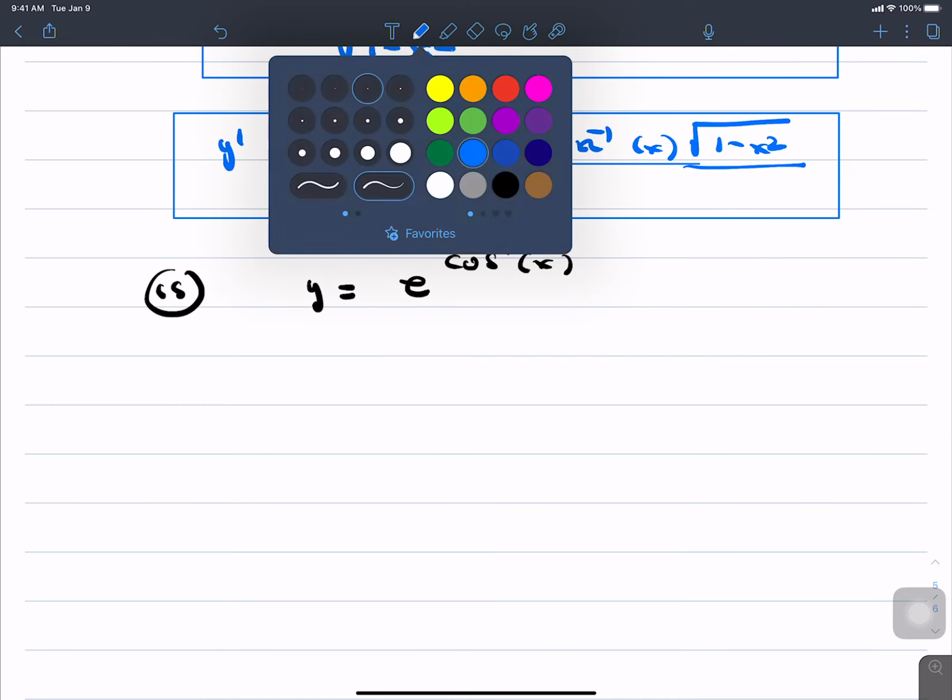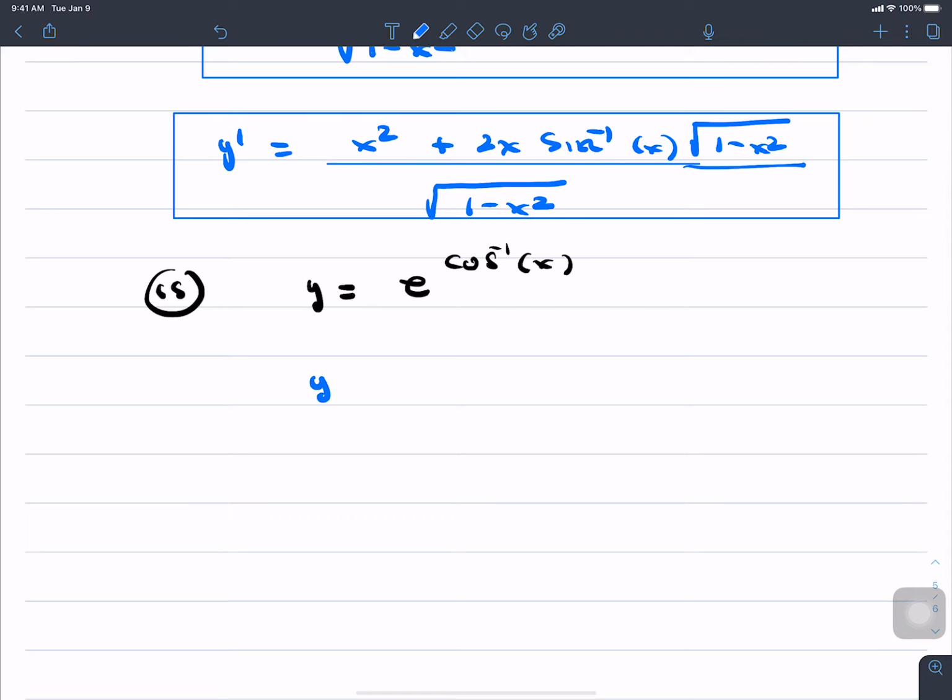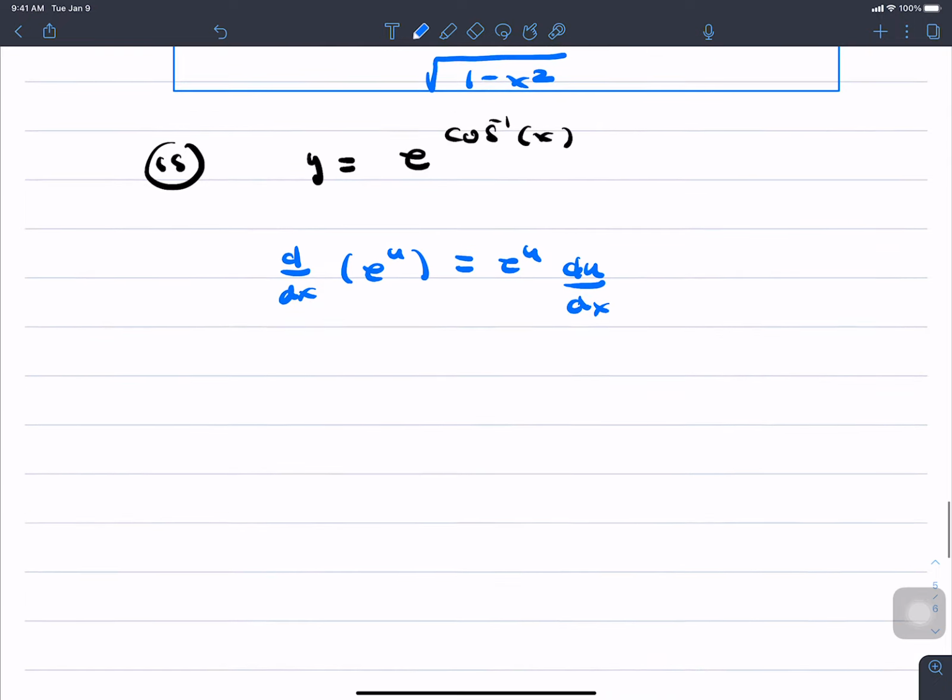So in this case, again, here, we have to know two things. The derivative formula for an exponential function. So remember, if I differentiate e to the u, that's e to the u du dx.